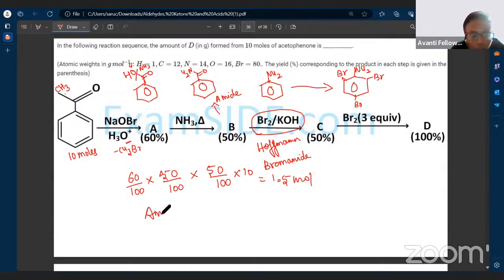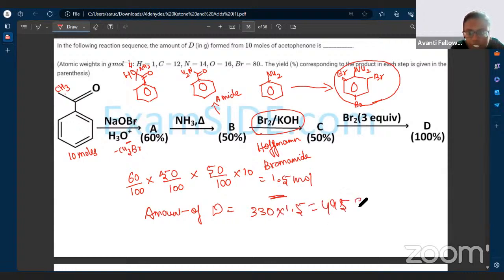So the amount of D is equal to the molar mass of this one into 1.5, and you'll get the answer. So 330 into 1.5, which is equal to 495 grams. Okay, got this question?